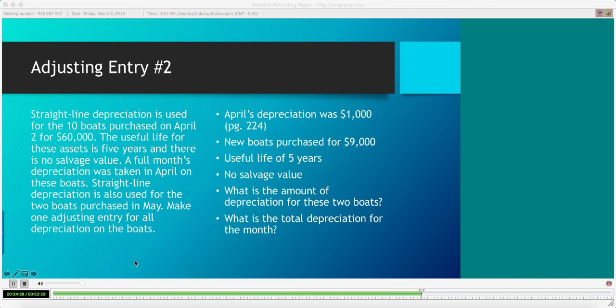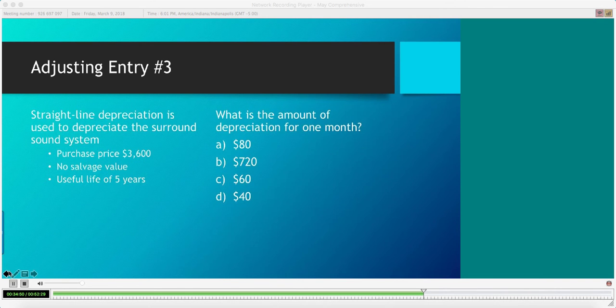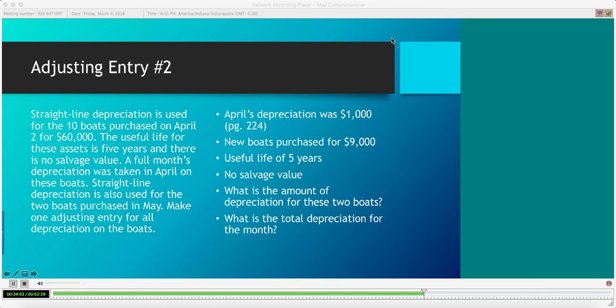Here we go with the boats again. Do either of you remember how much the depreciation was in April? Of course, I tell you the amount, but let me go back one. So our depreciation for April for the boats was $1,000. We purchased 2 new boats for $9,000. Those have a useful life of 5 years, no salvage value. So we need to figure out the additional amount of depreciation for the 2 new boats.